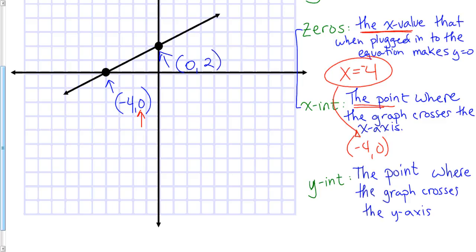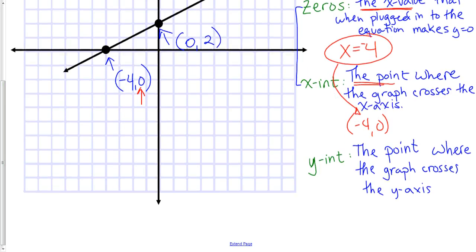Once again, it's a point, so it needs to be written as an ordered pair. So we wouldn't write it as y equals 2, we'd write it as 0, 2. So both the x-intercept and the y-intercept are similar in that they must be written as a point or an ordered pair. And the 0 and the x-intercept are similar in that they have the same value in both answers. Those are our first three characteristics.